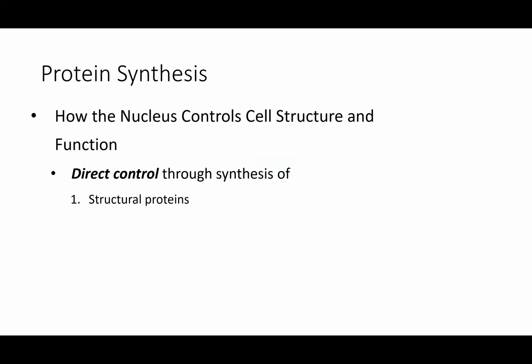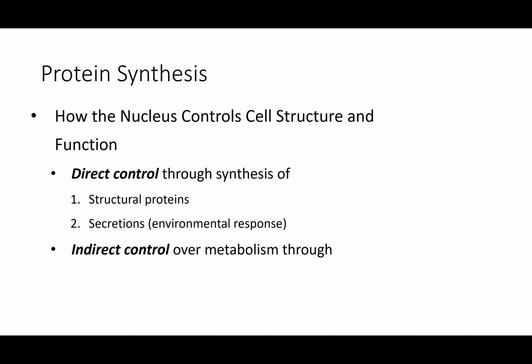Direct control is through the synthesis of structural proteins and secretions. So they can secrete substances as a response to the environment. Indirect control is through metabolism, through the use of enzymes.